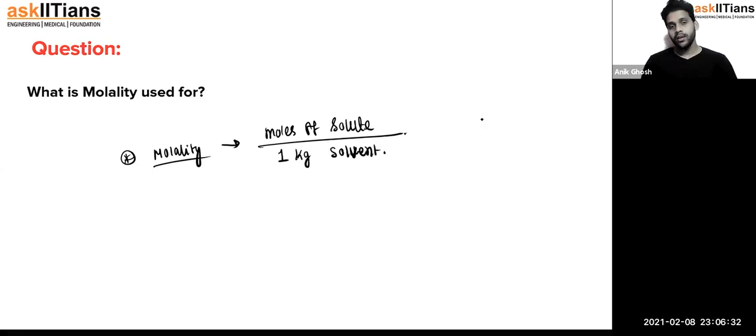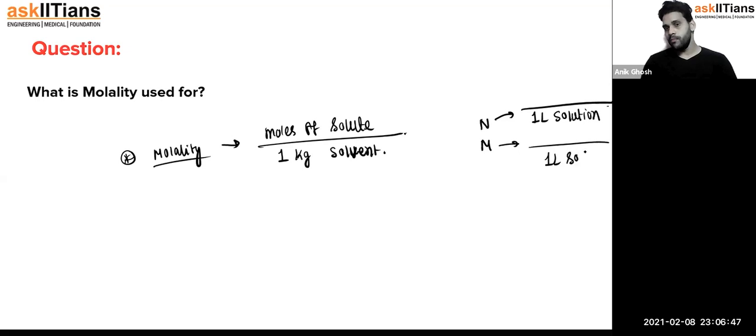Okay, for normality and molarity, in both the cases, the denominator was 1 liter solution, isn't it? You remember 1 liter solution? But in case of molality, it is 1 kg solvent.